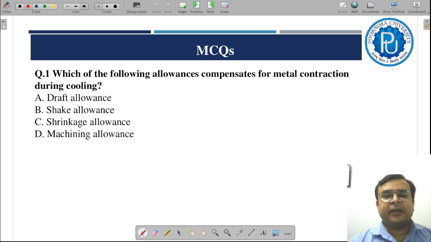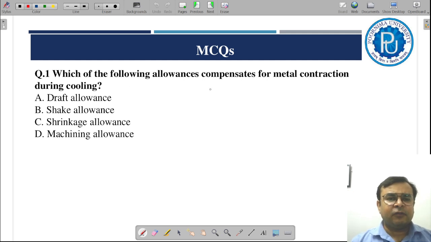And of course for easy withdrawal and defect free casting, we also need to make a taper allowance, then machining allowance for getting proper surface finish, then shaking allowance for easy withdrawal, and the distortion allowance for the distortion of the material. And now let's see some MCQ questions.